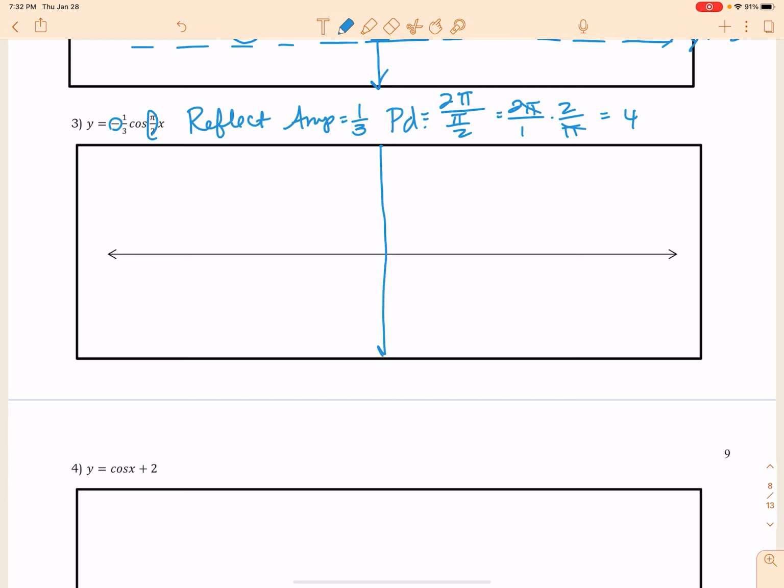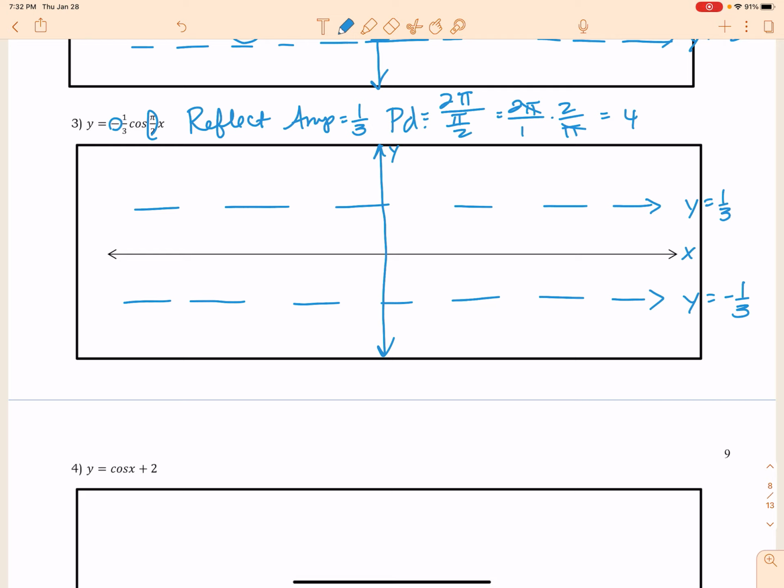So again, my y-axis is drawn here. My amplitude is 1/3. So I'm just going to do this. y equals 1/3, y equals negative 1/3. And then, of course, the period, I've got 1, 2, 3, 4, 1, 2, 3, 4.